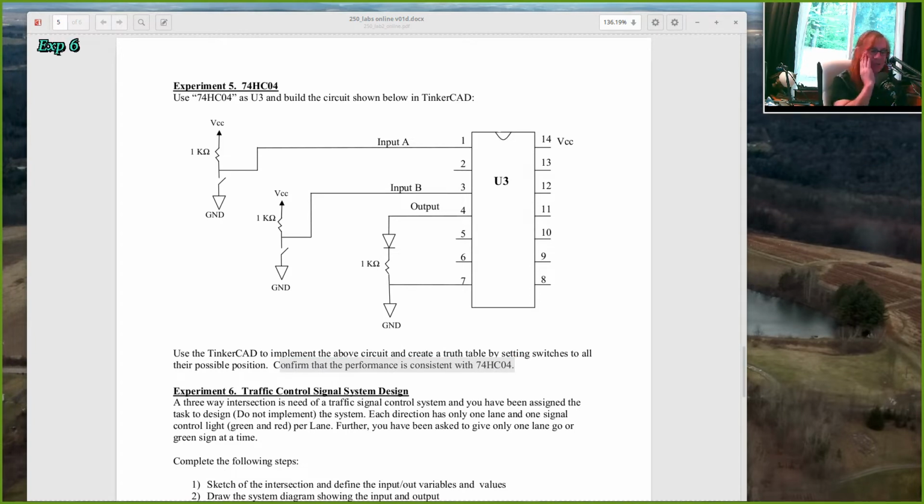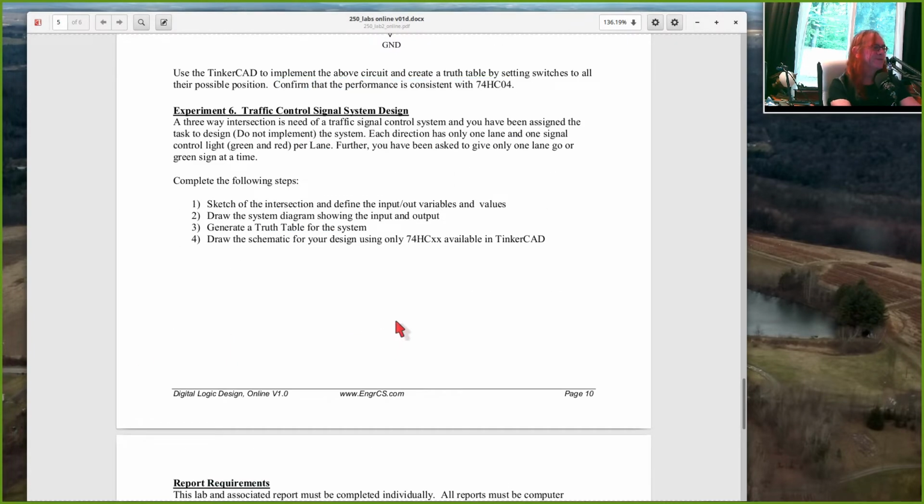All right, experiment 6. So I went back to the lecture video, and it looked like we spent about 30 minutes on this last week, talking about the requirements for the schematic diagram. And this is exactly like the traffic light experiment from the previous lab, except you're adding a schematic.